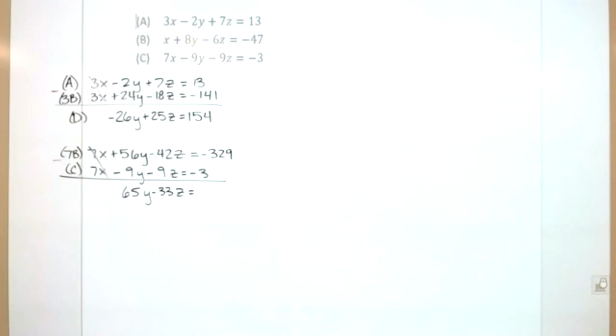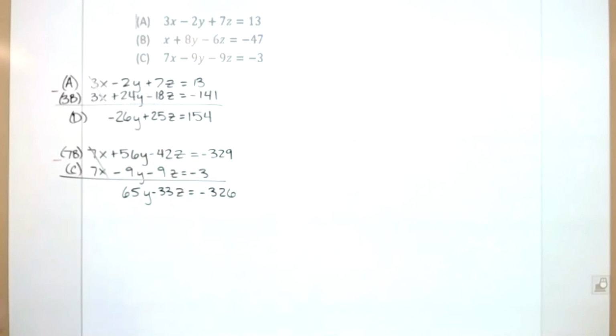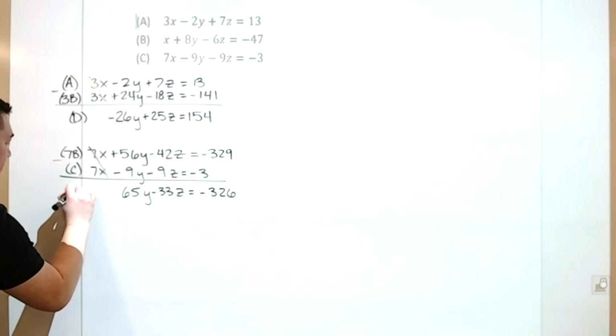And negative 329 minus negative 3, that's going to be negative 326. I've created a new equation. I've got labels A, B, C, D. This one I'm going to call E.